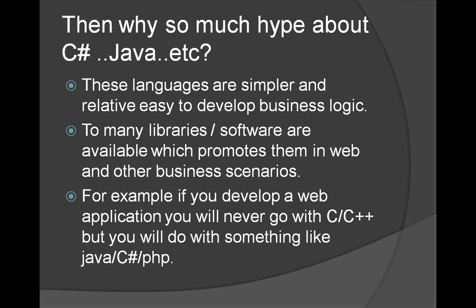A good example is a website or a web application for a company. You may go for Java or C# instead of C or C++. There are so many libraries built around C# and Java, for example, which make development in those languages much easier compared to C and C++.